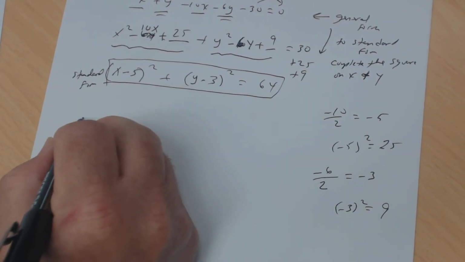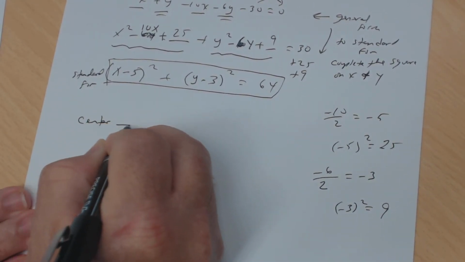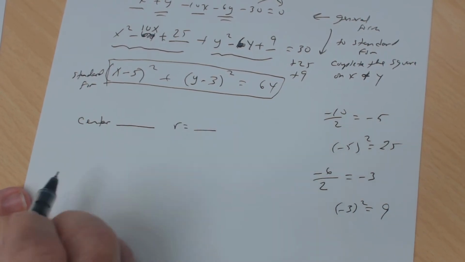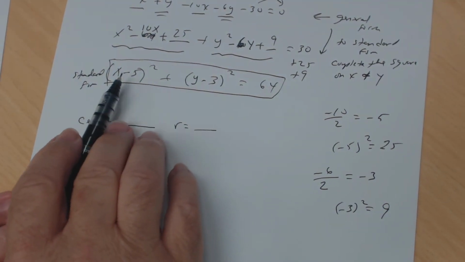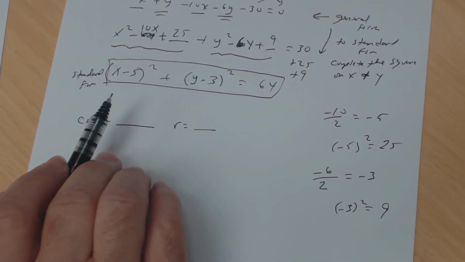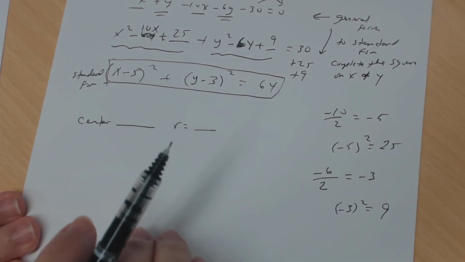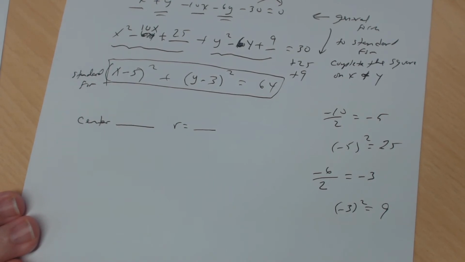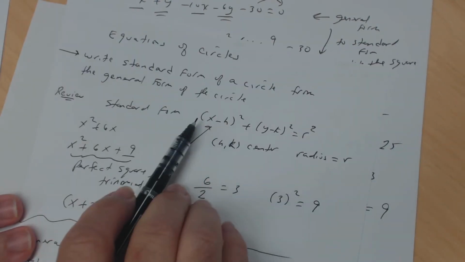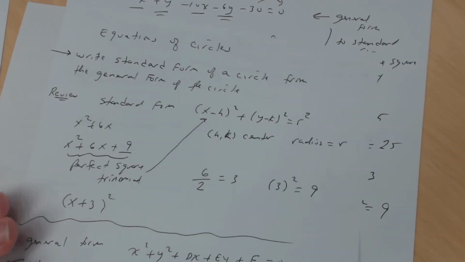Now you've got to find the center, and then you've got to find the radius. This one's easy because it's already x minus, y minus. Be careful, don't say the center is negative 5, negative 3, because remember, the standard form of a circle has to be x minus, y minus.